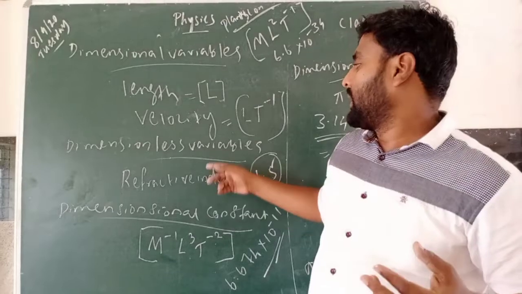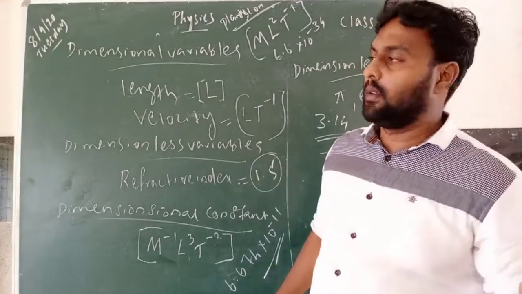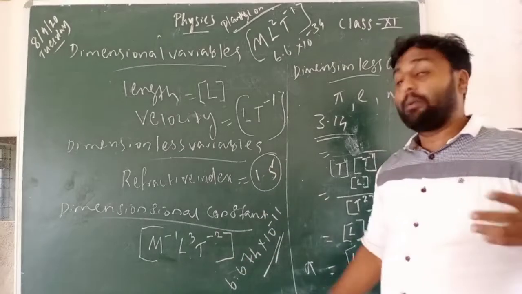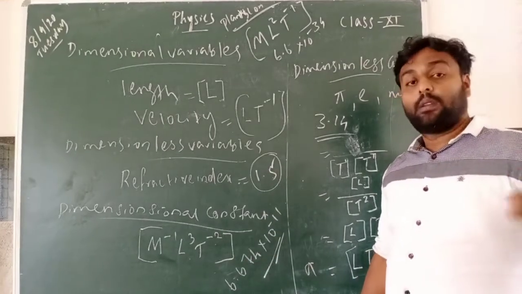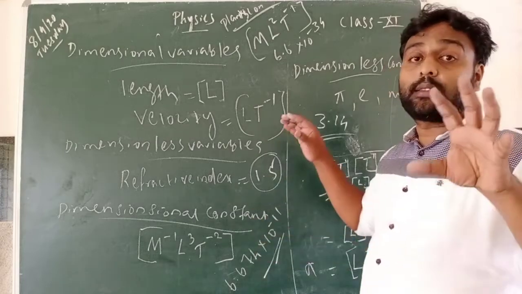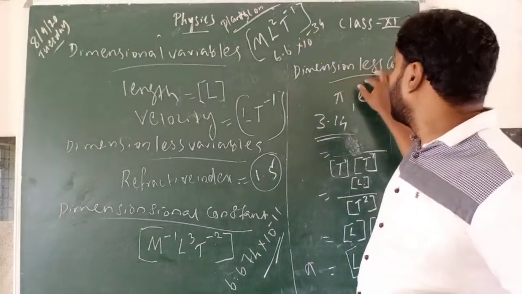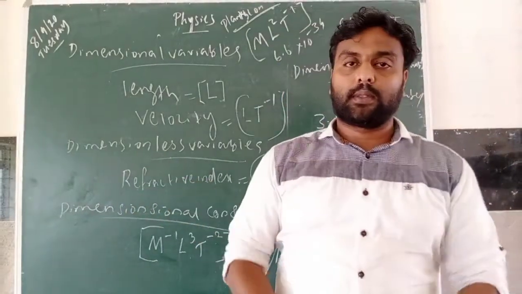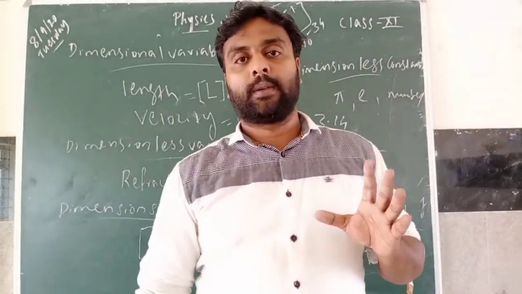Dimensionless, no dimension but it has some variable values. Dimensional constant possesses some dimension as well as constant value. Dimensionless constant, no dimension but constant values.